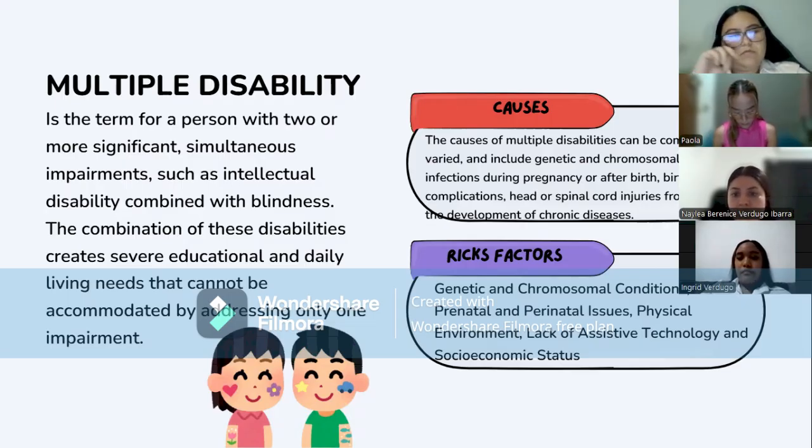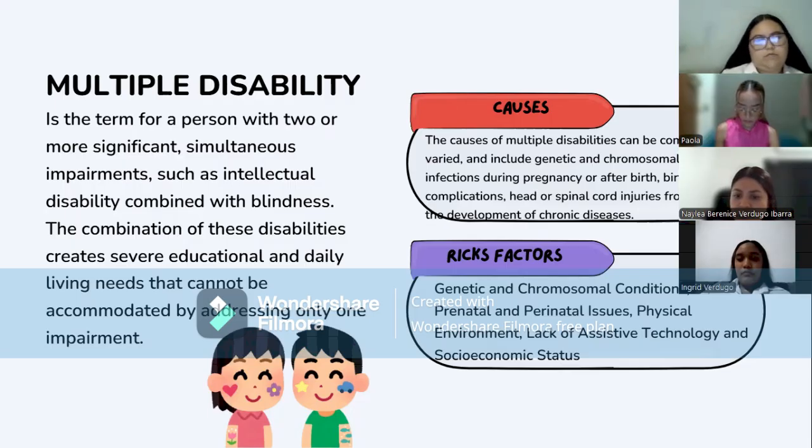The causes of multiple disability can be complex and varied, and include genetic and chromosomal factors, infections during pregnancy, birth complications, head or spinal cord injuries from accidents, or the development of chronic disease. Risk factors: genetic and chromosomal conditions, prenatal and perinatal issues, physical environment, lack of assistive technology, and socioeconomic status.